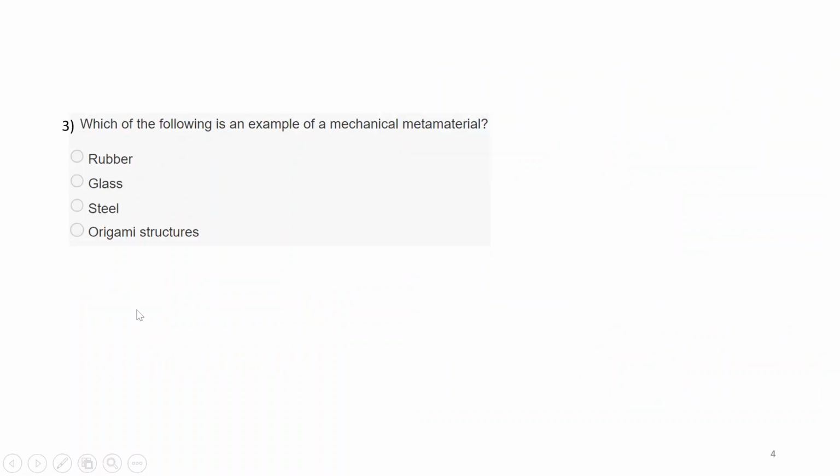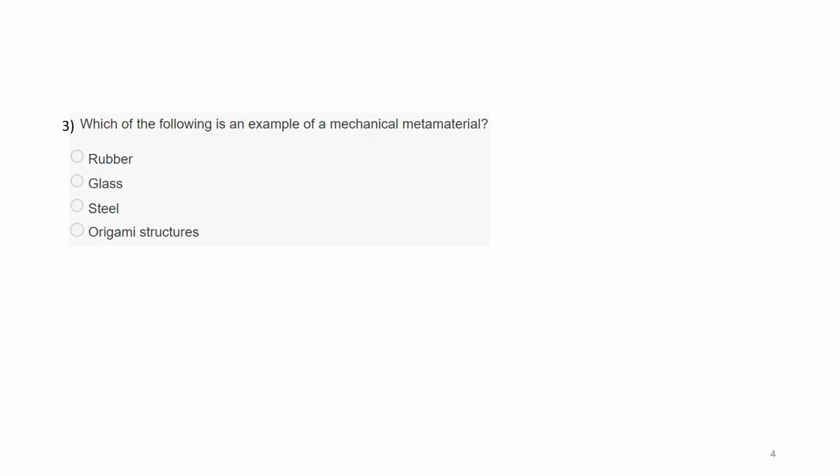Next is, which of the following is an example of a mechanical metamaterial? Your options are rubber, glass, steel, or origami structures. I think sir will cover metamaterials in smart materials.